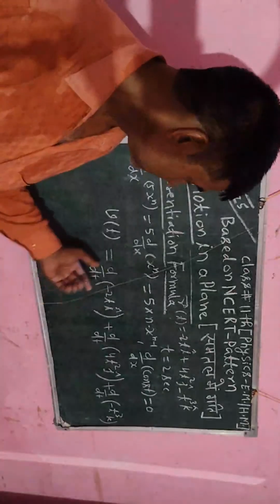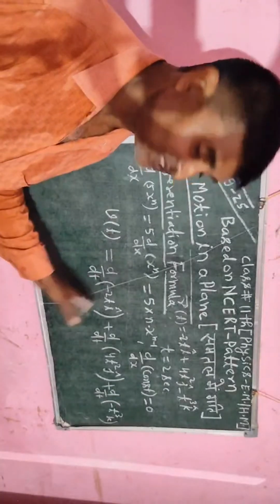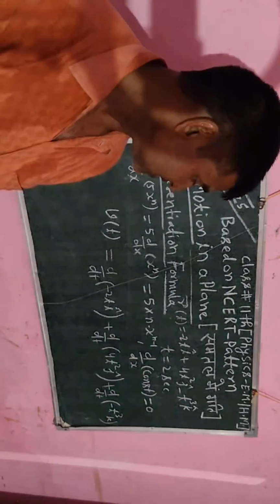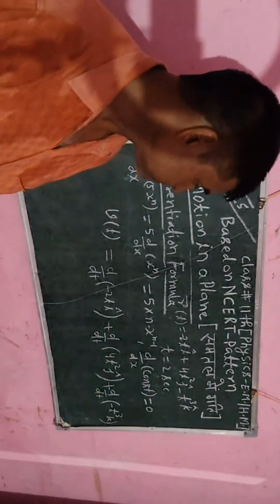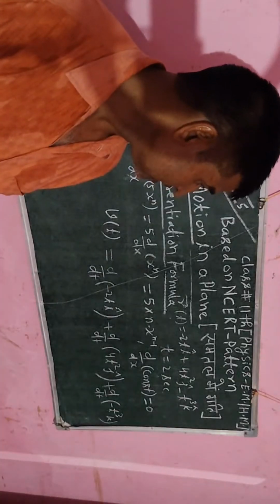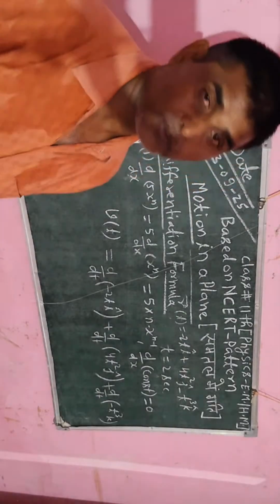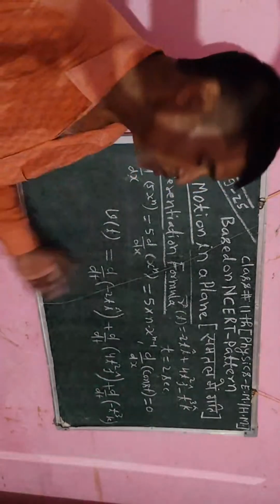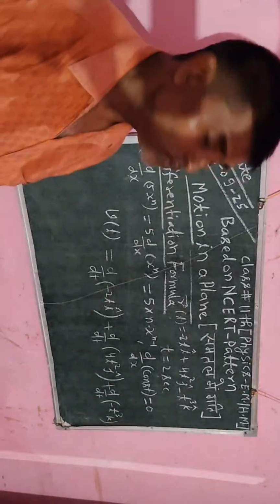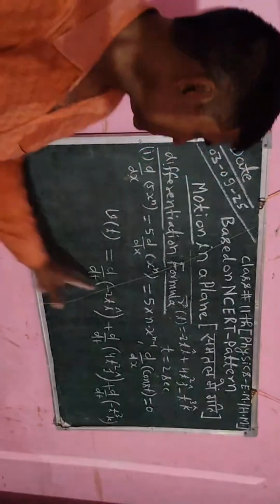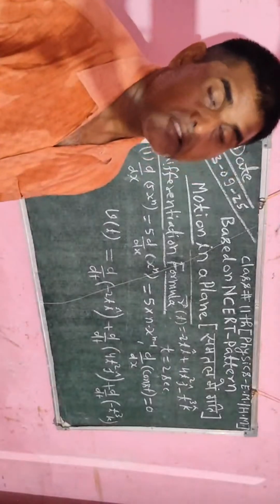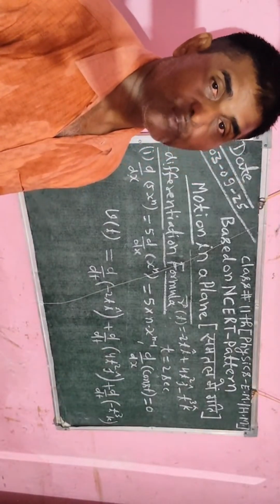Because if d upon dt is given, there may be some function with summation, some function with differentiation, some function with division, or multiplication, so I will use the same condition to find the value of those functions. But sum and difference will be the same concept, but product and division will be different.